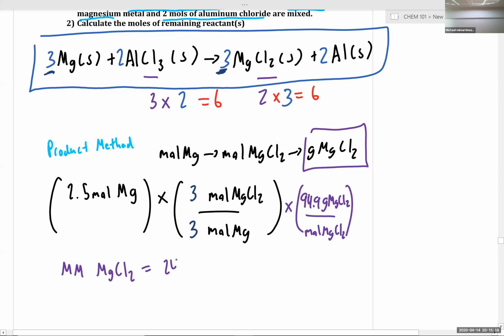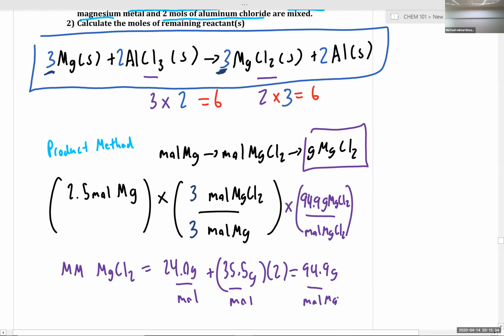So we have a mass of 24 grams per mole for magnesium plus 35.5 grams per mole for chlorine, and we have 2 chlorine atoms, and that gives us 94.9 grams per mole of magnesium chloride. Perfect.